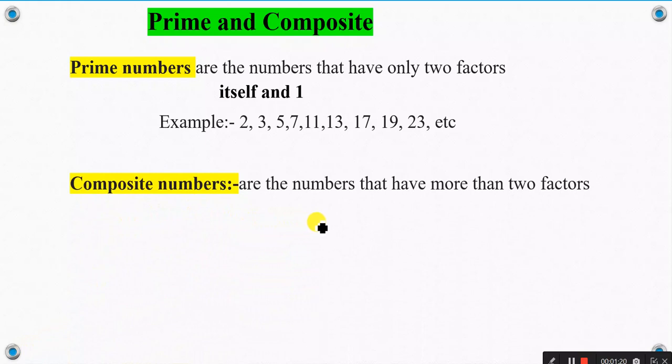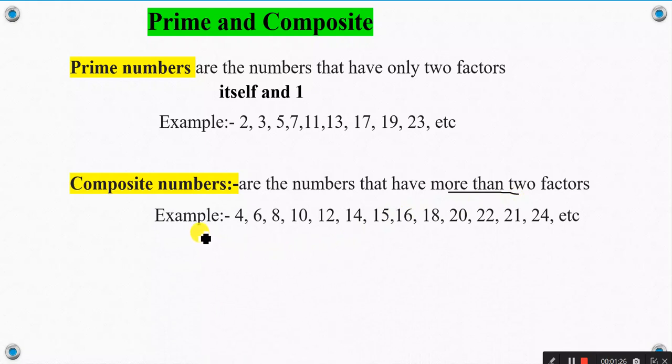A composite number has more than two factors. For example, 4. 4 is divided by 1, by 2, and by itself, 4. It has more than two factors. So a composite number has more than two factors that divide the number without remainder.